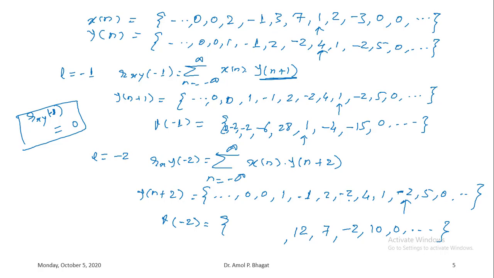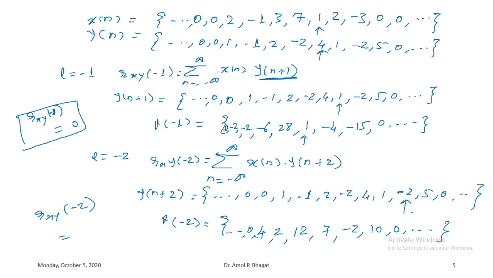So minus 2 gets multiplied with minus 1, so it will be 2. Next 2 gets multiplied with 2, it will be 4. Next minus 1 gets multiplied with 0, so the remaining values are 0 in x of n, so all the multiplication results will be 0. So rxy of minus 2, you will get as the addition of these sequences.